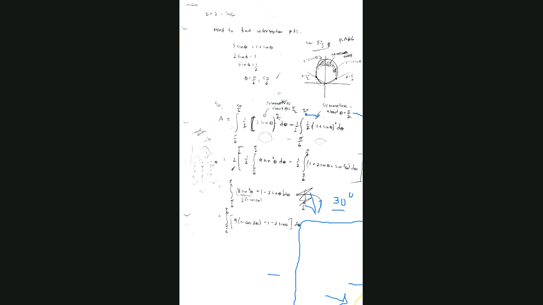What I've done here is I've drawn a little picture of the sine of theta. Let's tell you what. The picture's not super clear. It's okay, but let me go back to the calculator here.